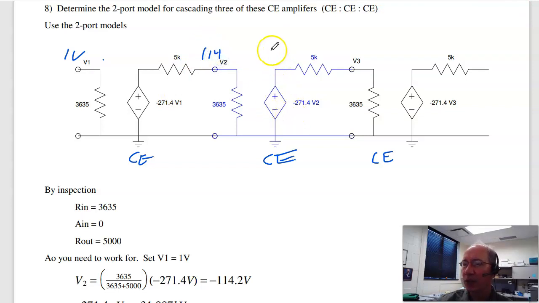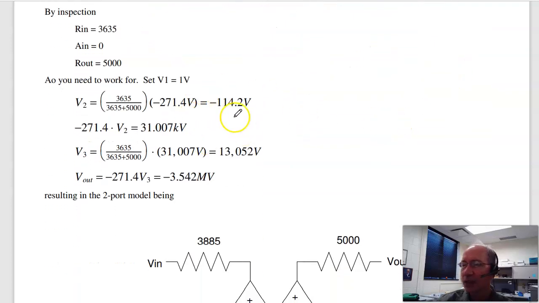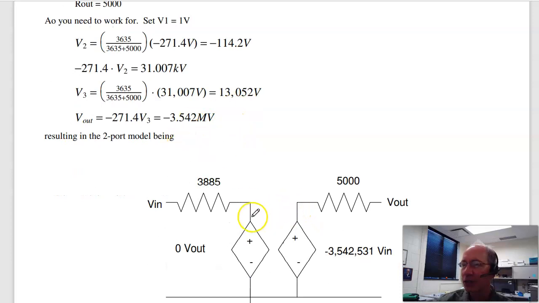Times minus 271 becomes 31 kilovolts. By voltage division becomes 13 kilovolts. There's a minus sign there. Times minus 271 becomes minus 3.5 megavolts. So that's the gain. And here are the calculations. So this is your two-port model.